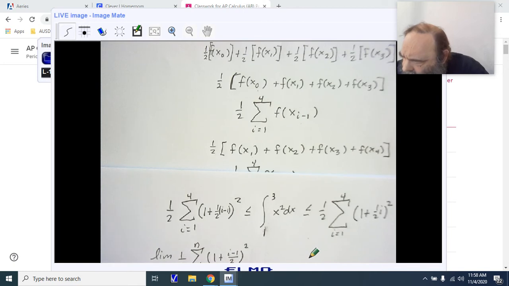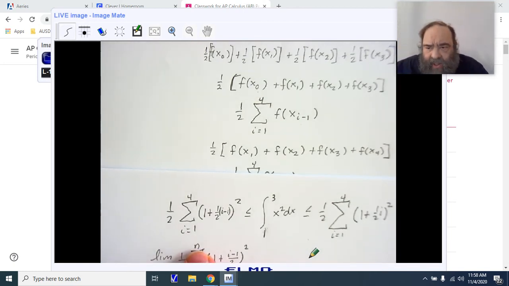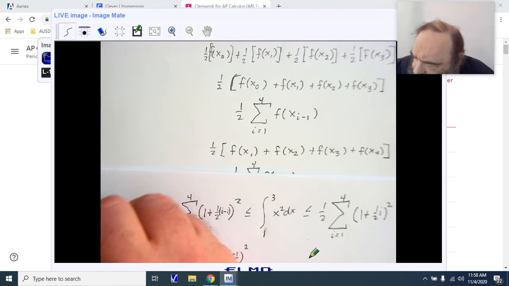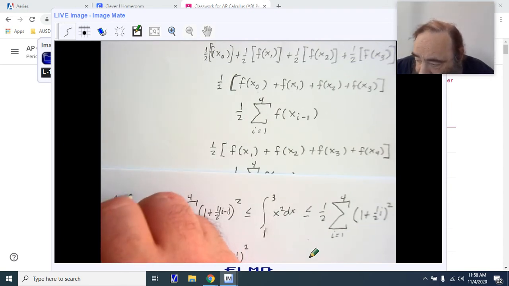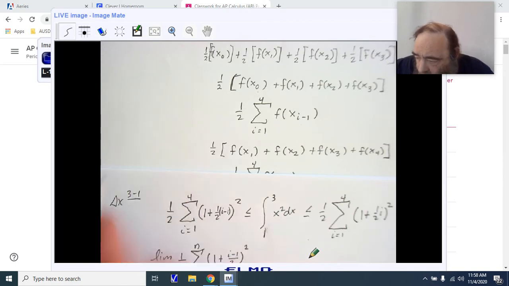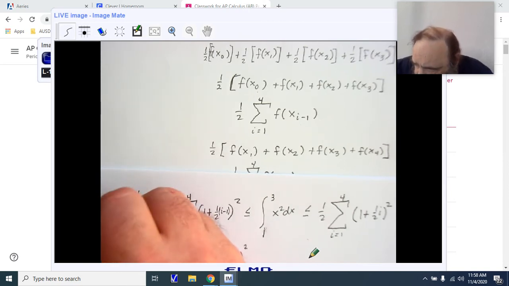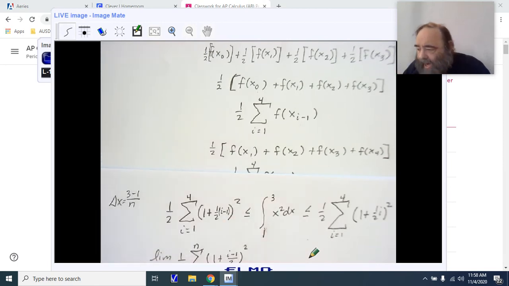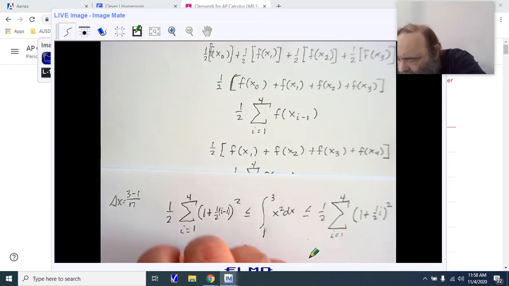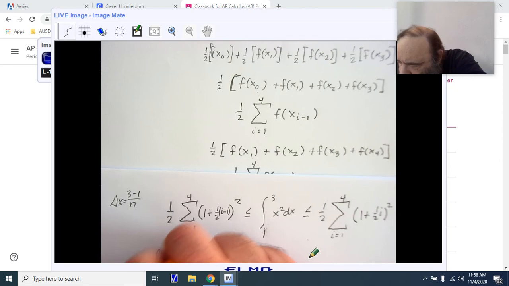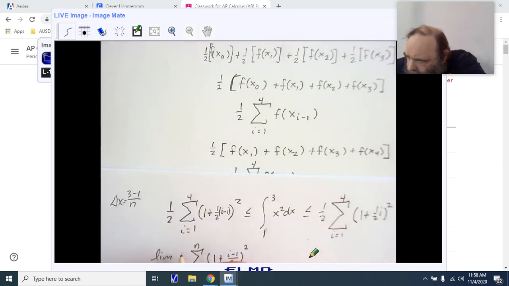Because if I've increased my n, then my delta x has changed. And the delta x, if you recall, was 3 minus 1 divided by 4 when we had 4, but we've now changed it to an n. So that's not going to work too well, is it? We need to change this to 2 over n.